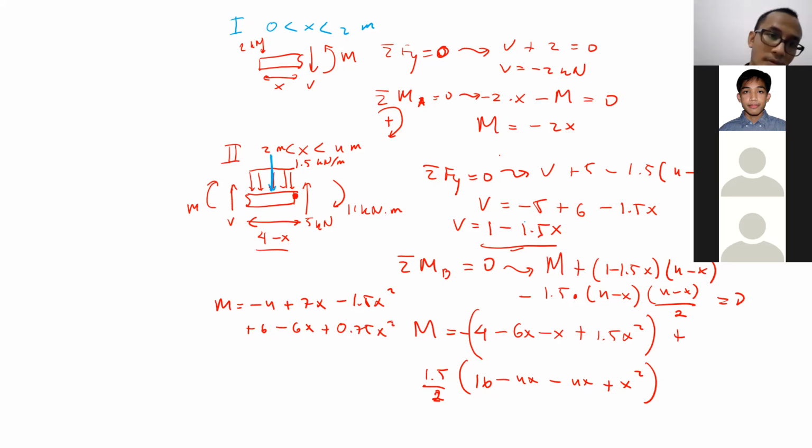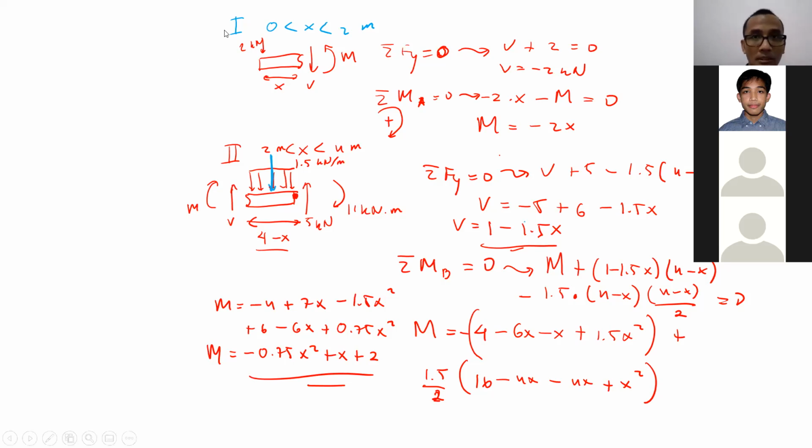So our moment there will be equal to minus 0.75 x squared plus x plus 2. So this is the equation for the moment. Okay, Safra? Slightly more complicated. Yeah, slightly more complicated.